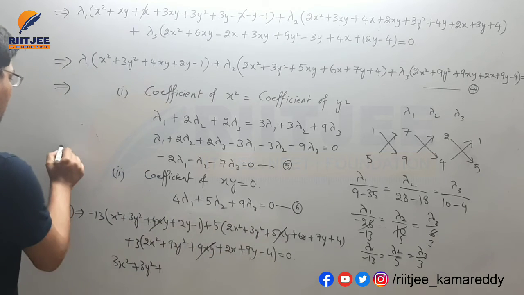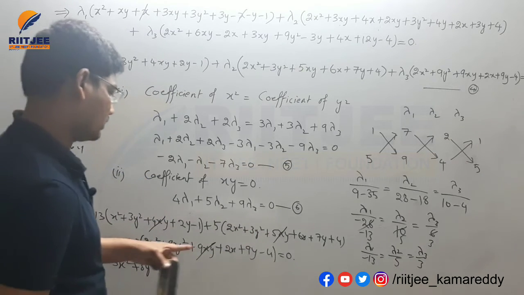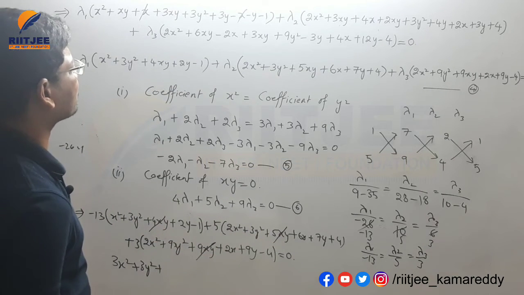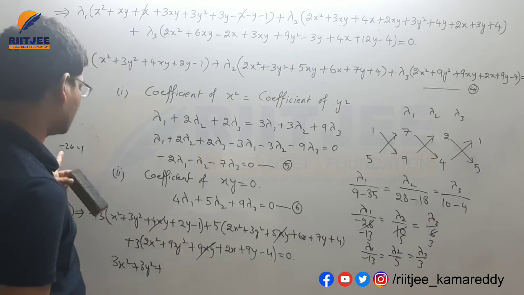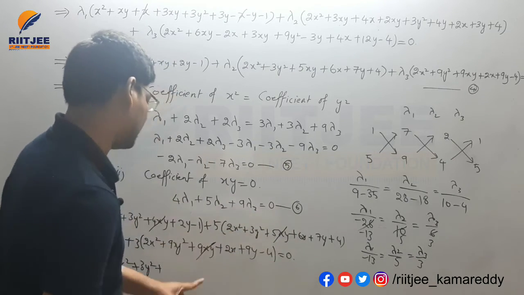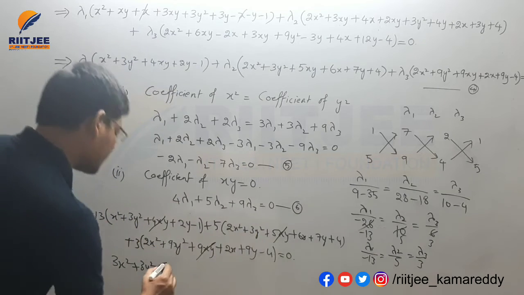Minus 13, 26y. Next, we don't have any x terms here. Next x terms: 6x, 5 sixes are 30, plus 2, 36x.